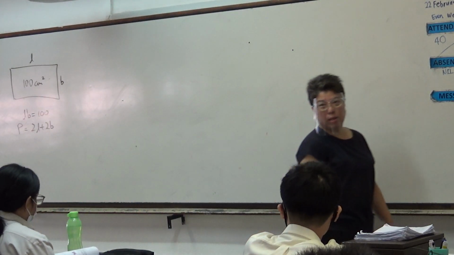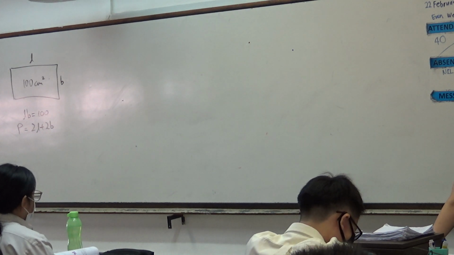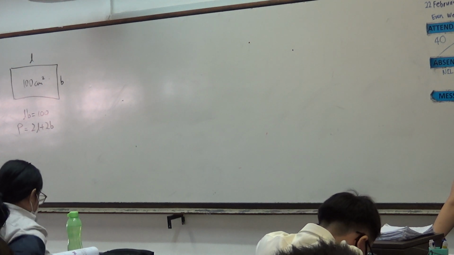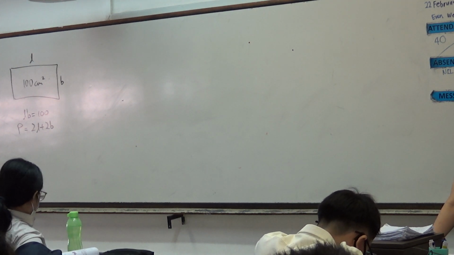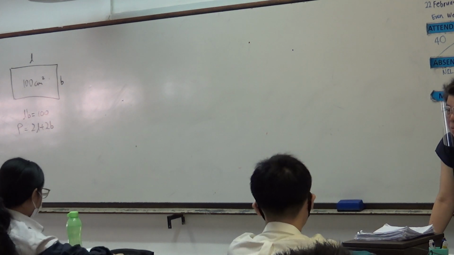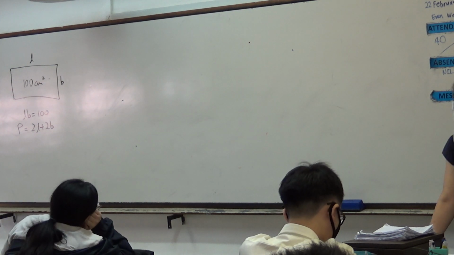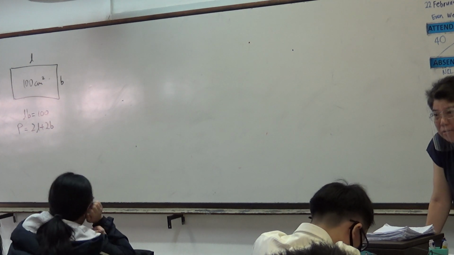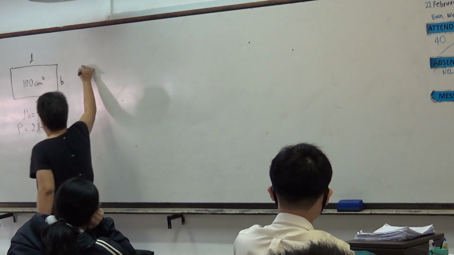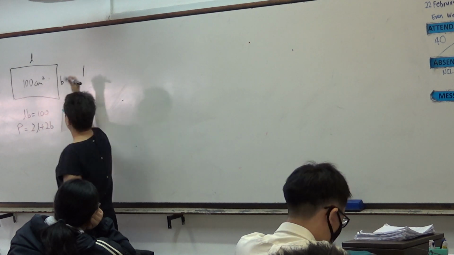This is from primary school. Everybody okay? Alright. Then how? You want to find the minimum perimeter, right? Find the minimum possible perimeter, minimum value of P, correct? Okay, hold on. This one has two variables, so cannot. I want to change it to one, that's all. Okay.